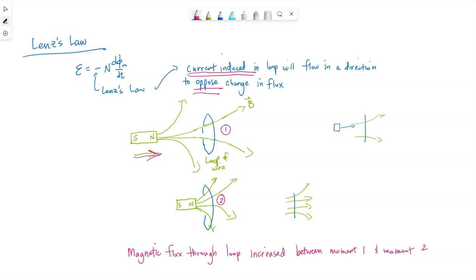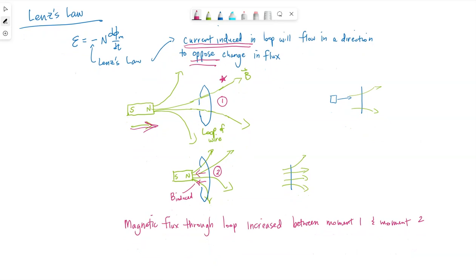So ultimately, we can think of this as our loop creating its own magnetic field. We would call this an induced magnetic field. It's creating it in the opposite direction of the magnet's magnetic field to try to get back to moment one, to get back to the flux that we had at moment one.